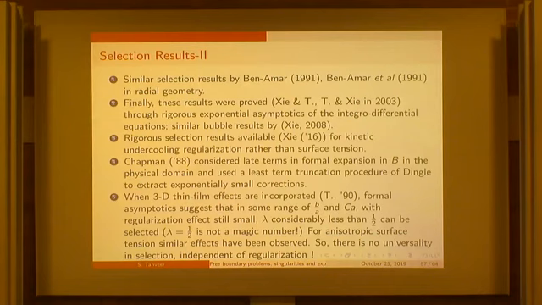When I had more energy, I could do those. However, in that case, the formal asymptotics shows that there is some range of B and A, the capillary number, where you have a selected width lambda, which can be anything between 0 and 1/2, depending on what these relative values are.